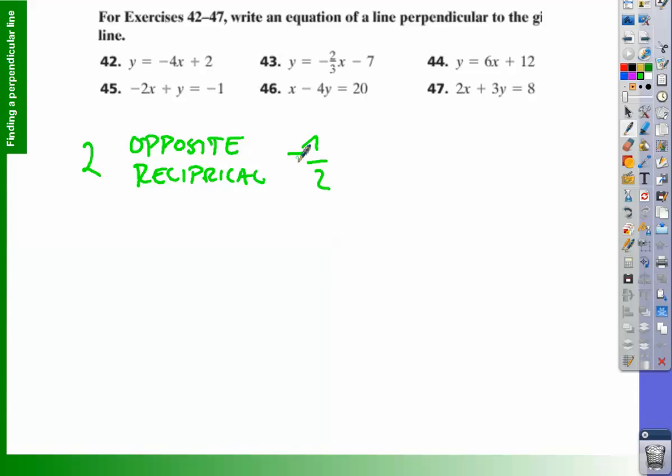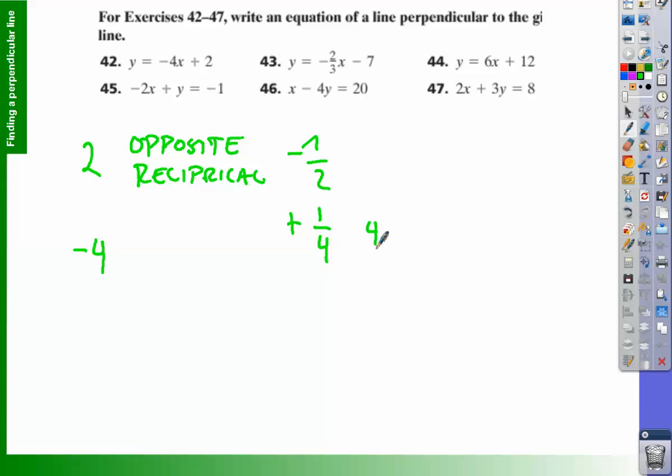So if I'm looking at problem 42, I have a slope of negative 4. What is the opposite reciprocal of negative 4? Well, the opposite of a negative is a positive, and the reciprocal of 4 is 1/4. So any equation with a slope of positive 1/4 is going to be perpendicular to this one.